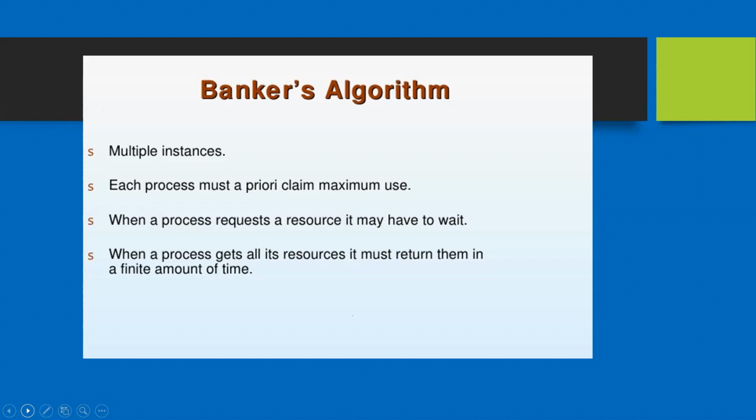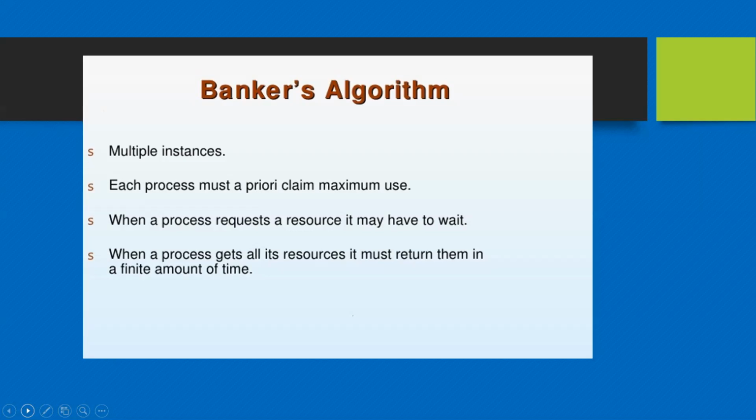Each process must a priori claim maximum use. Can anyone tell me the meaning of this sentence? I am again repeating. Each process must a priori claim maximum use.